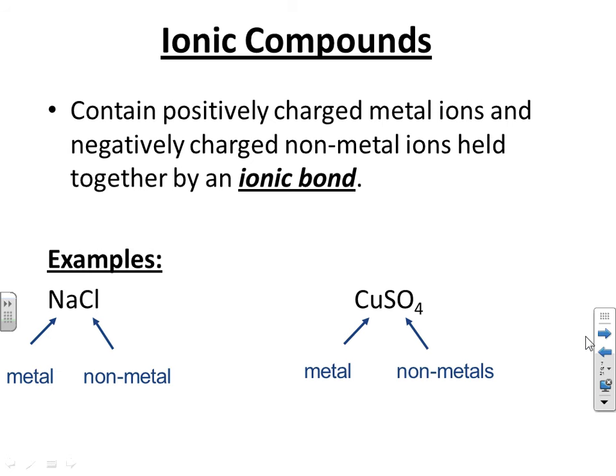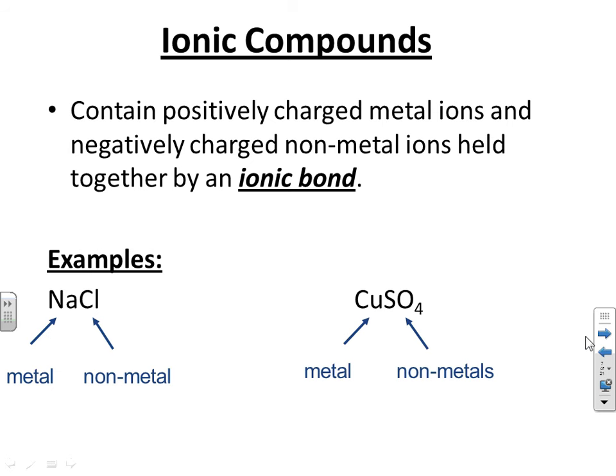They contain positively charged metal ions and negatively charged non-metal ions held together by what we call an ionic bond. Again, the bond is due to opposite charges. It's still what we call an electrostatic bond.